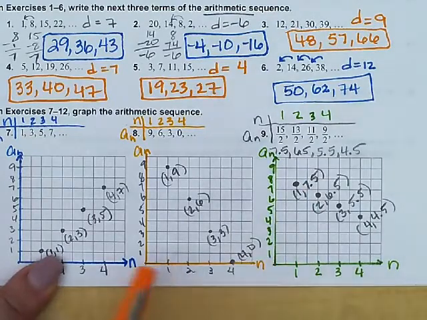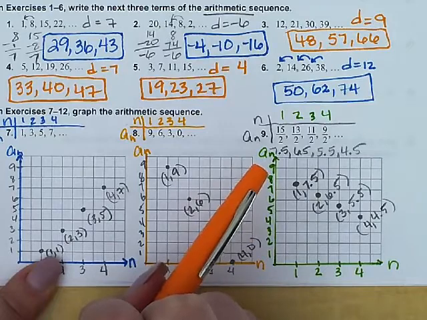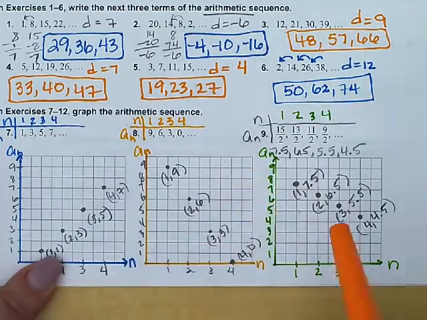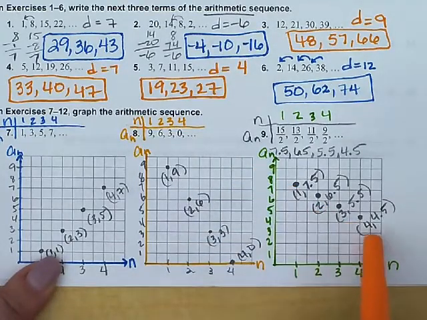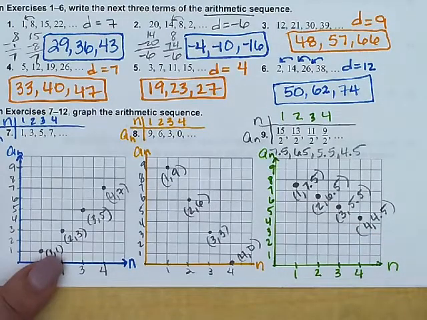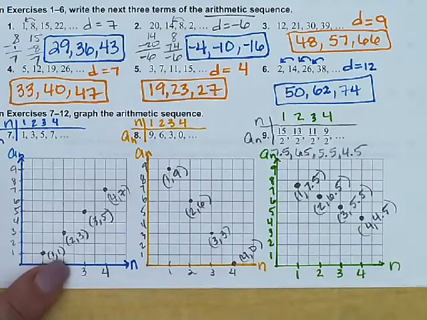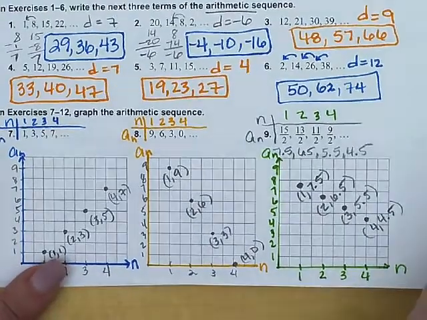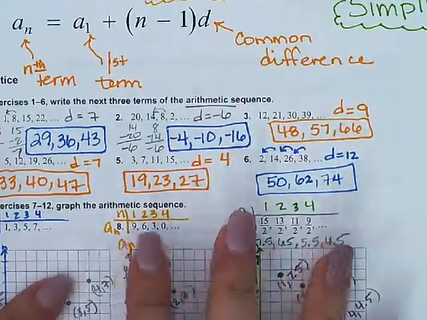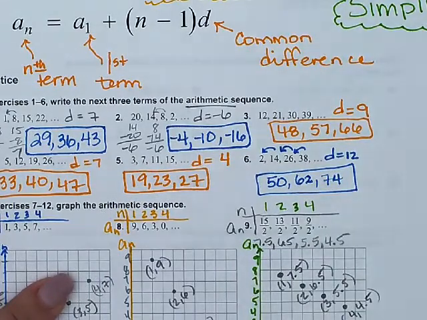I spread this out, just like we did in the previous ones, every other one on my scaling. This one went by ones, and it would just be those 4 points right there. So if this looks similar to what you've got on your page, then you are in good shape for arithmetic sequences. You understand the pattern, and we're ready to go.